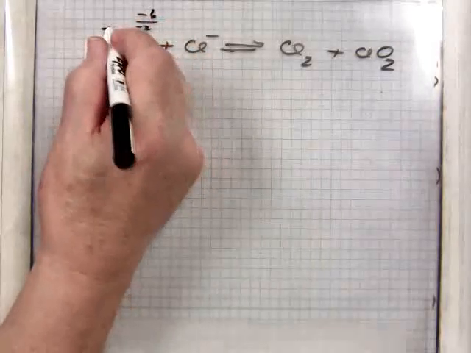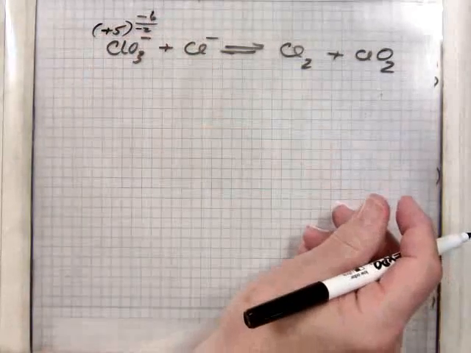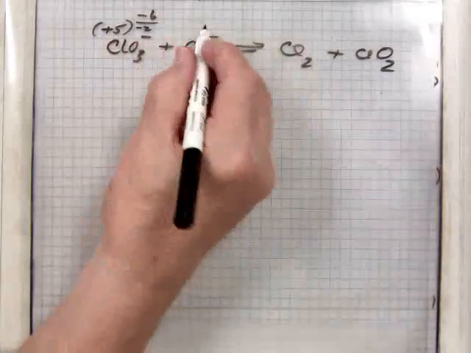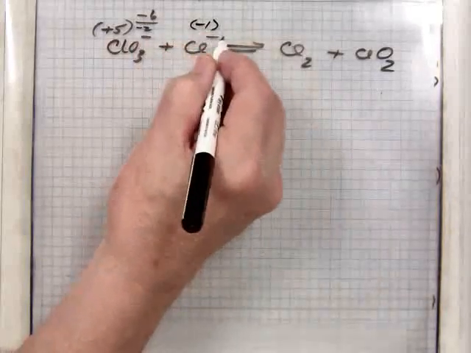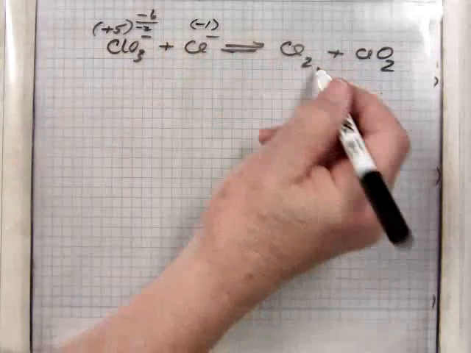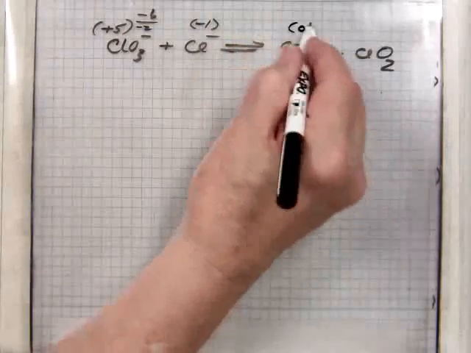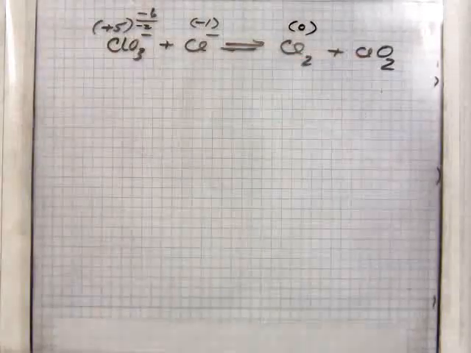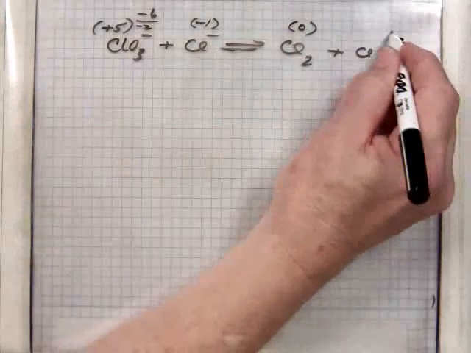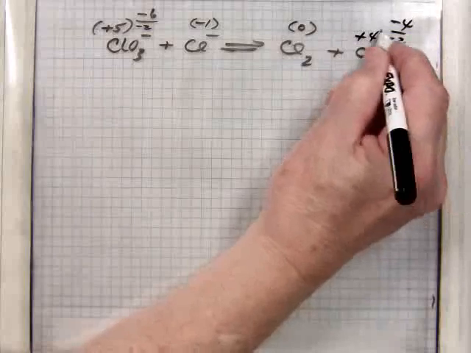And so I'd have to have a +5 here to add back to a -6 to get a net -1. This is already a -1 because it's listed as such. Chlorine in its standard state is a 0 oxidation state, is neutral. And ClO2 is neutral, so this chlorine in here is a +4.